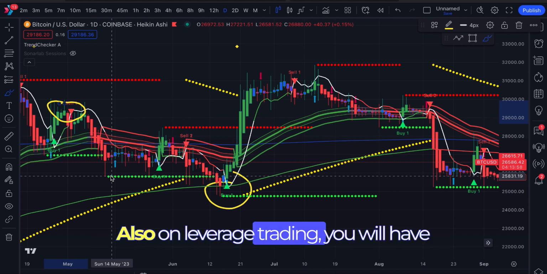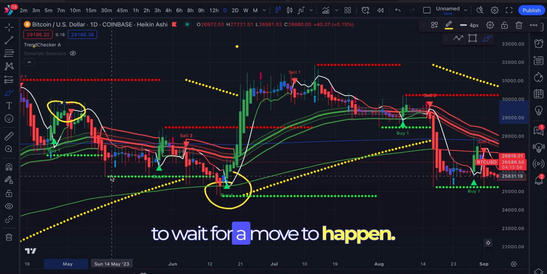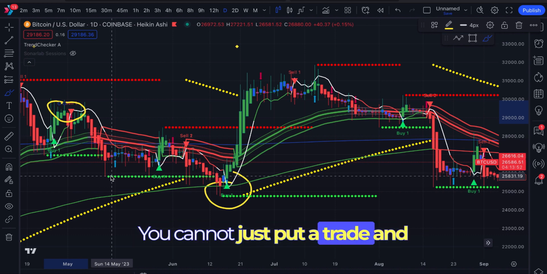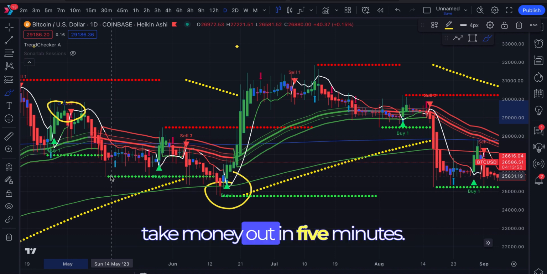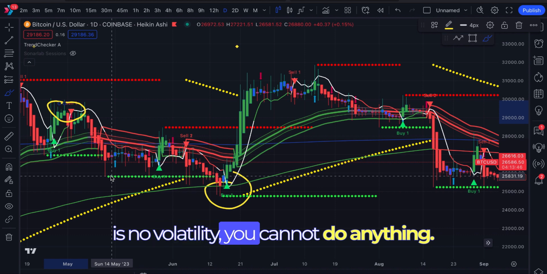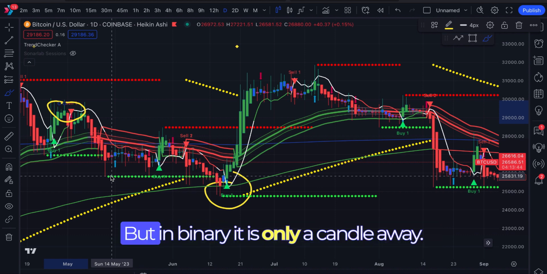On leverage trading, you will have to wait for a move to happen. You cannot just put a trade and take money out in 5 minutes. If there is no market movement, no volatility, you cannot do anything. But in binary, it is only a candle away.